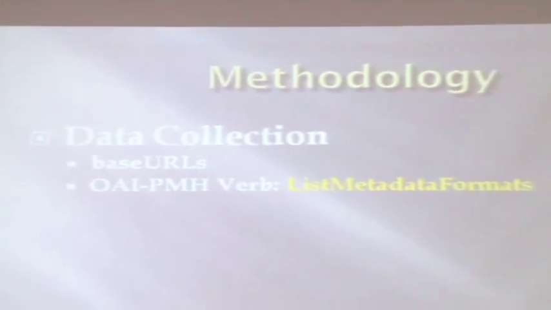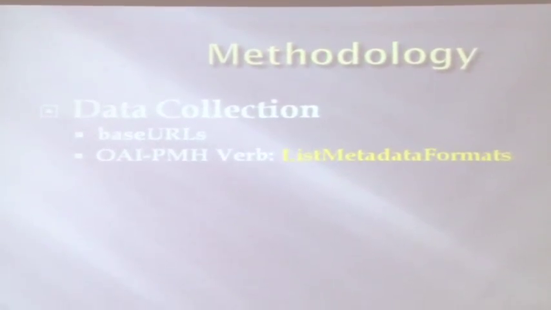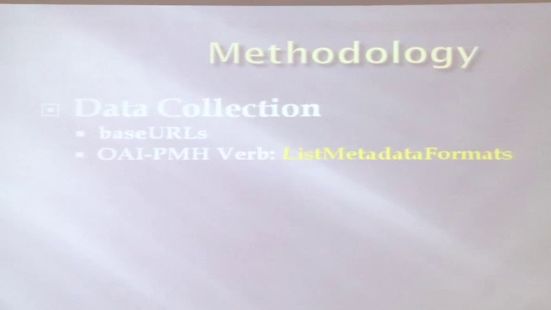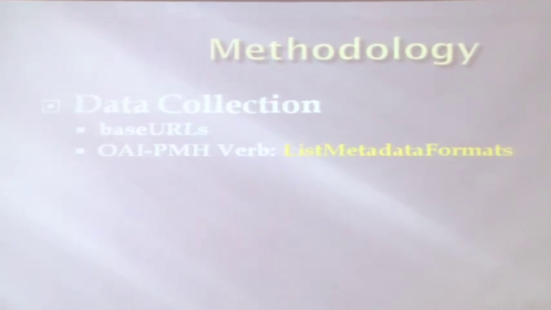Out of those, the verb ListMetadataFormats gives the result in XML format, showing the different metadata schemes being used by a particular repository. I used this verb, firing it with the help of some programs in Linux, and I defined it to try 3 times, not more than that. In 3 hits, if the repository is not responding, leave it and go to the next repository.